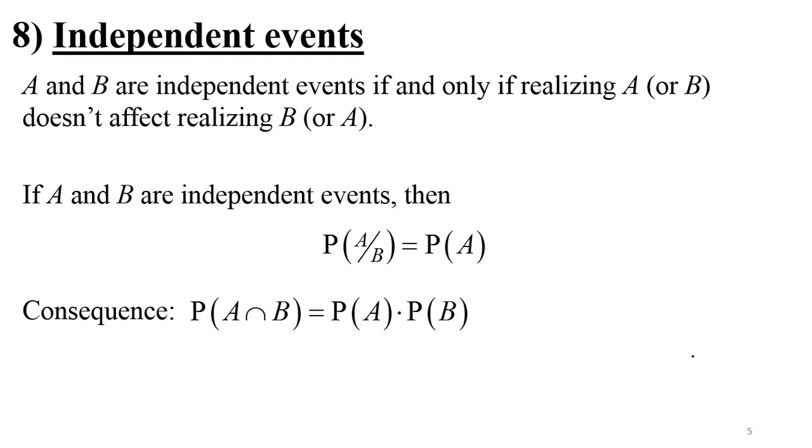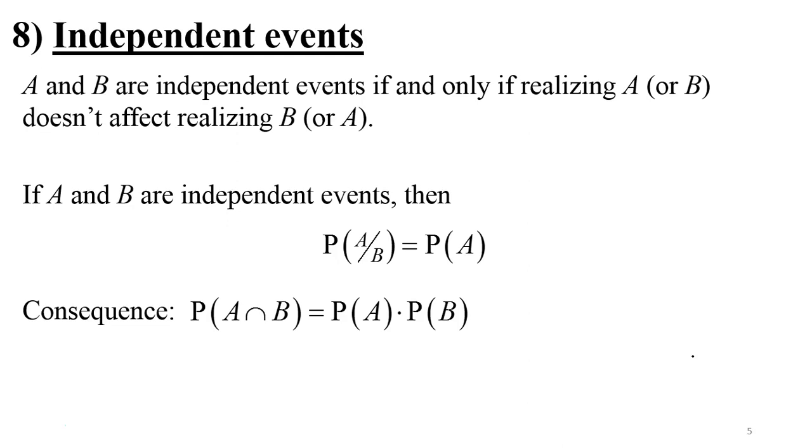Now, if we were to define what independent events are, A and B are independent events if realizing event A does not affect realizing event B, or vice versa.